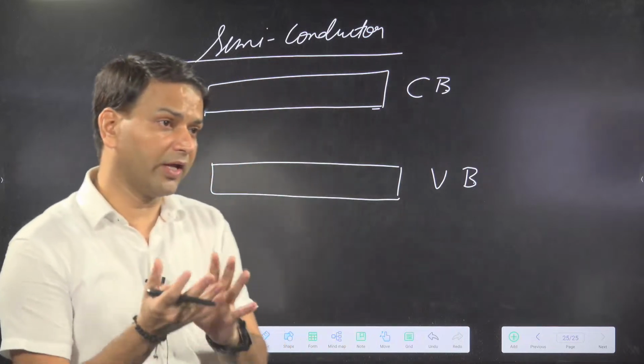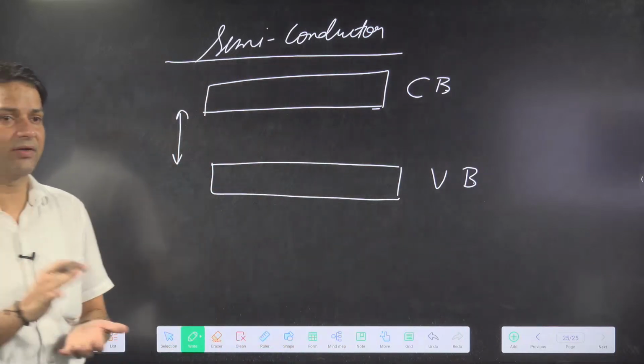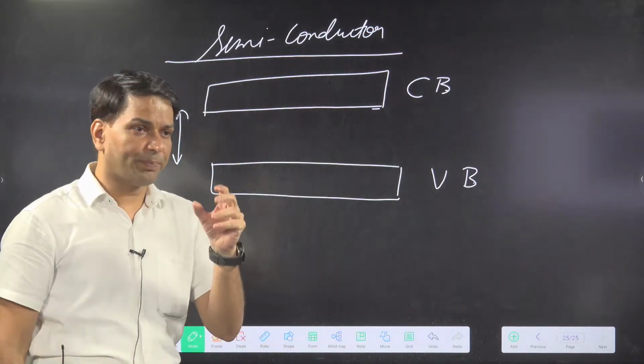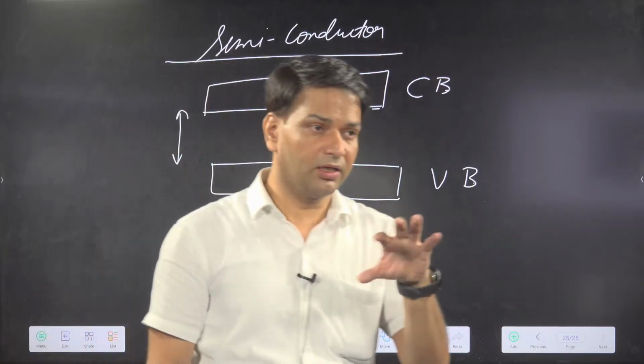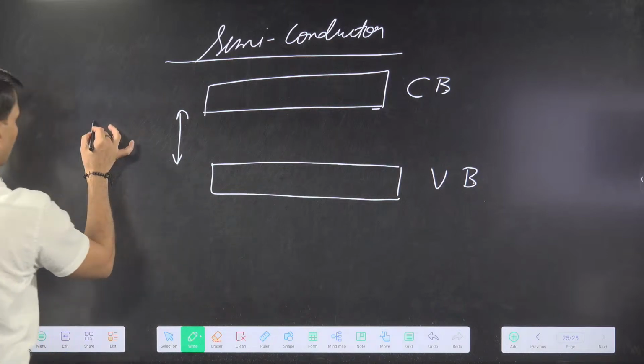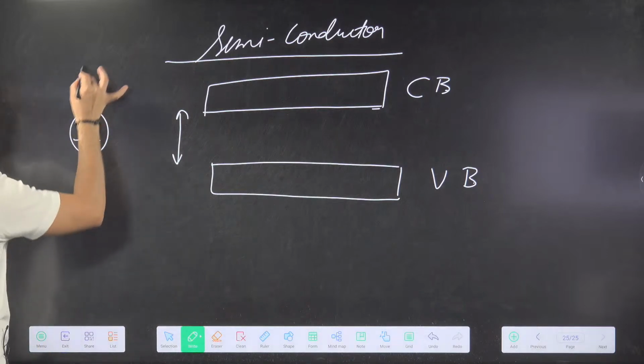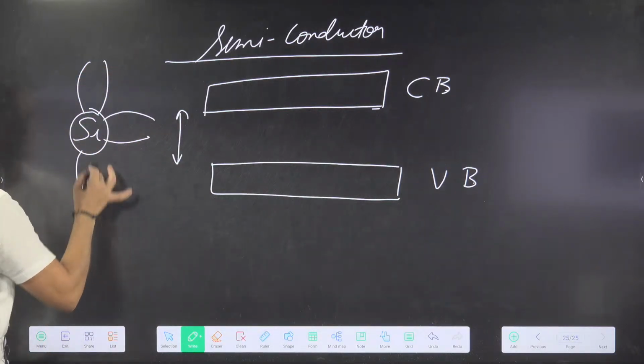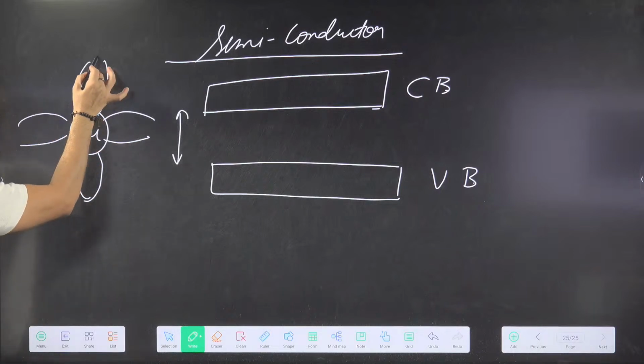But when we are adding a trivalent or pentavalent impurity, take the example of silicon. Silicon makes covalent bonds with the nearby 4 silicon atoms.